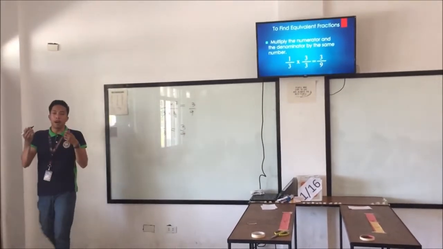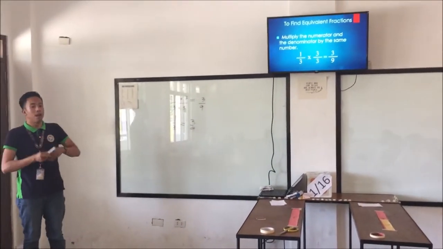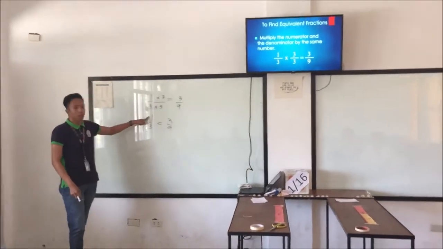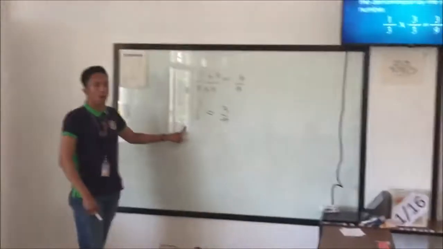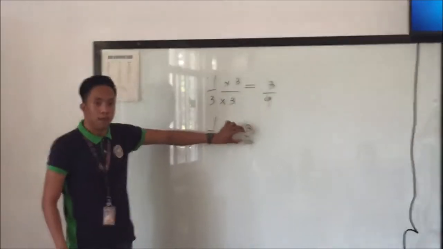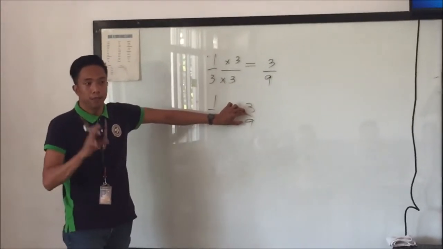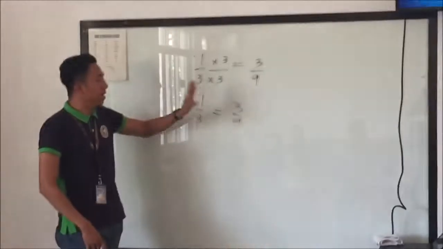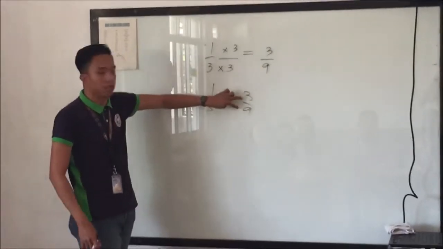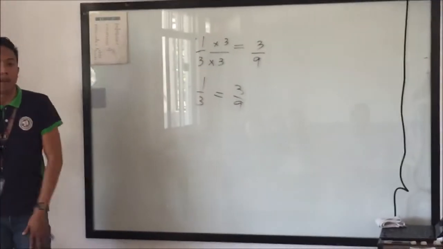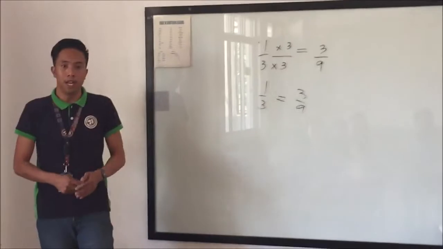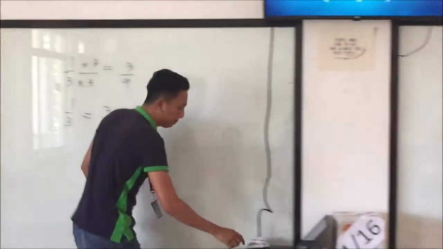So you will think of a number that you will multiply in the numerator and the denominator to make this fraction. If the number you will choose does not fit this fraction, therefore they are not equivalent. Understood?